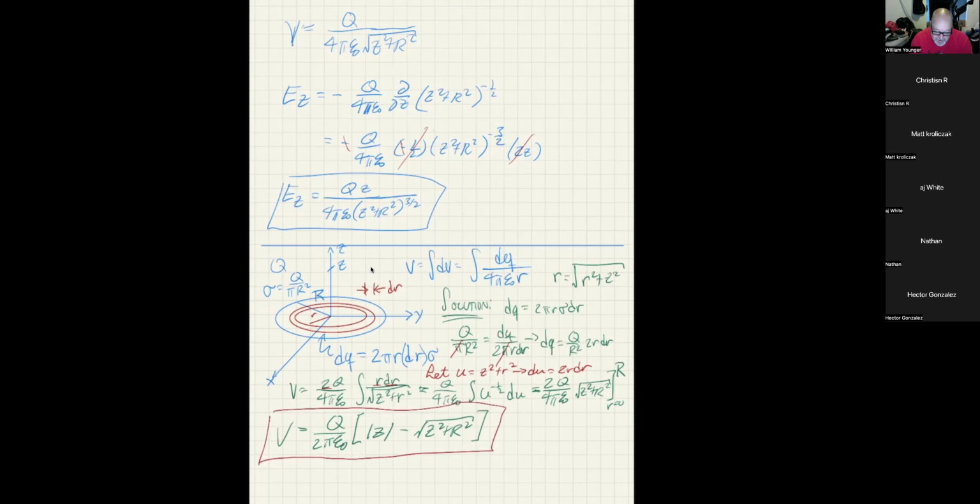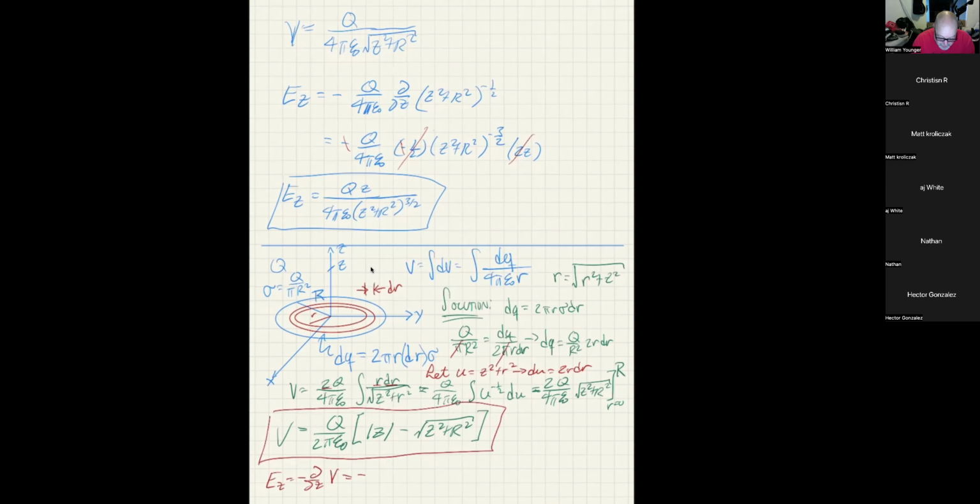Again, we might want to actually think about what this is in terms of the electric field. So E sub z in this case should equal negative partial with respect to z of that V. So now I could pull a negative. What I'm going to do is actually change the order of that.